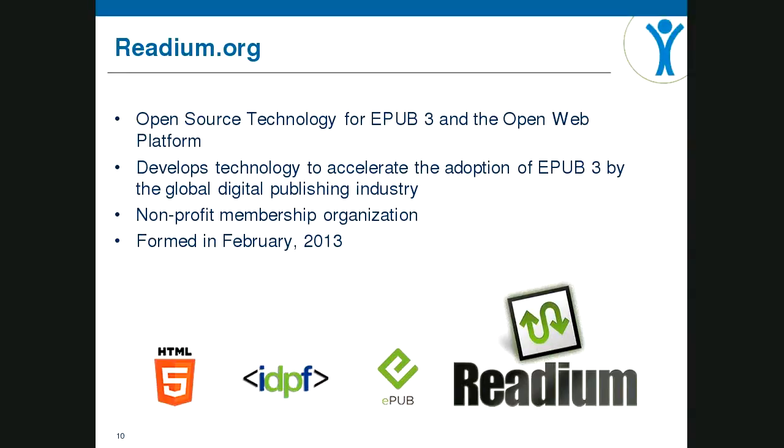And with iBooks Author 2.3 now, they've always supported EPUB in the creation of documents in iBooks Author, but now you can export to EPUB and distribute that EPUB any way you want.